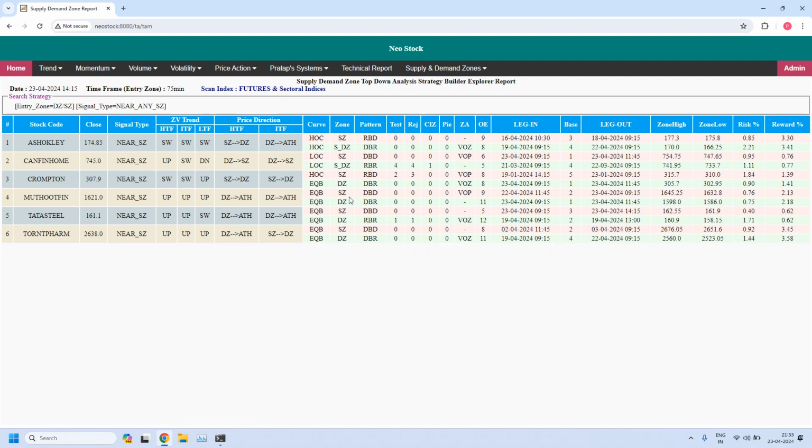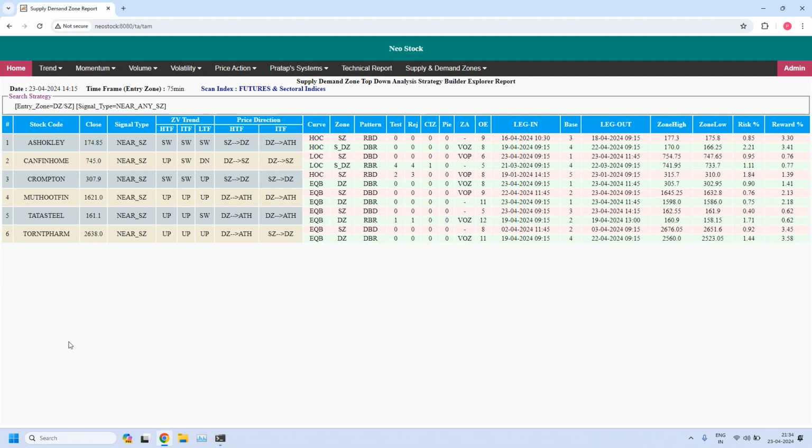Seems we don't have any high liquidity supply zones. Okay, from the 75 minutes time frame, we don't have any high liquidity demand zones and also no high liquidity supply zones. So today we have only daily time frame high liquidity demand zones and supply zones. I think 3 high liquidity demand zones and 4 high liquidity supply zones are identified from the daily time frame.